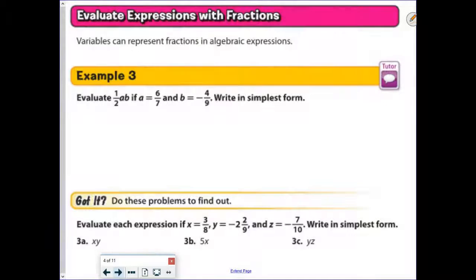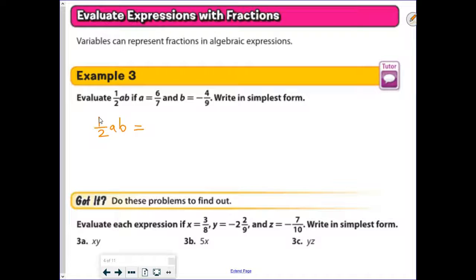That brings us to evaluating expressions with fractions. It says variables can represent fractions in algebraic expressions. It says evaluate 1/2 times A times B, where A is equal to 6/7 and B is equal to -4/9.